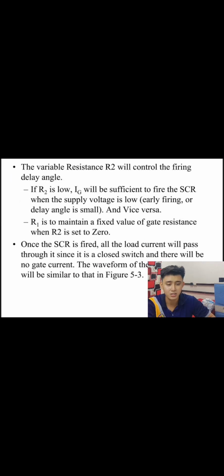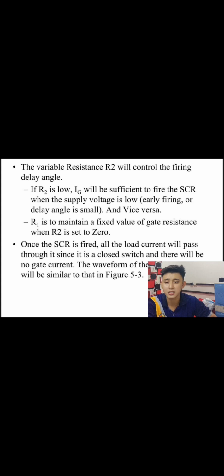So next slide. The variable resistance R2 will control the firing delay angle. If R2 is low, IG will be sufficient to fire the SCR when the supply voltage is low. Early firing, or the delay angle is small, and vice versa.